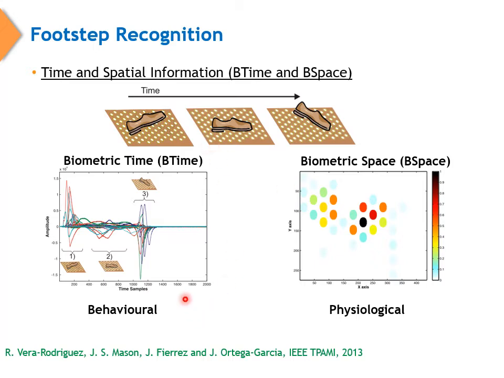With a time representation or a static representation, we can characterize the footstep, and this is also useful for biometric identification and other applications. For example, in this case, we can use that information also for fall detection in smart home applications or in other environments. And this can be complemented, or fused, with gait biometrics, for example.